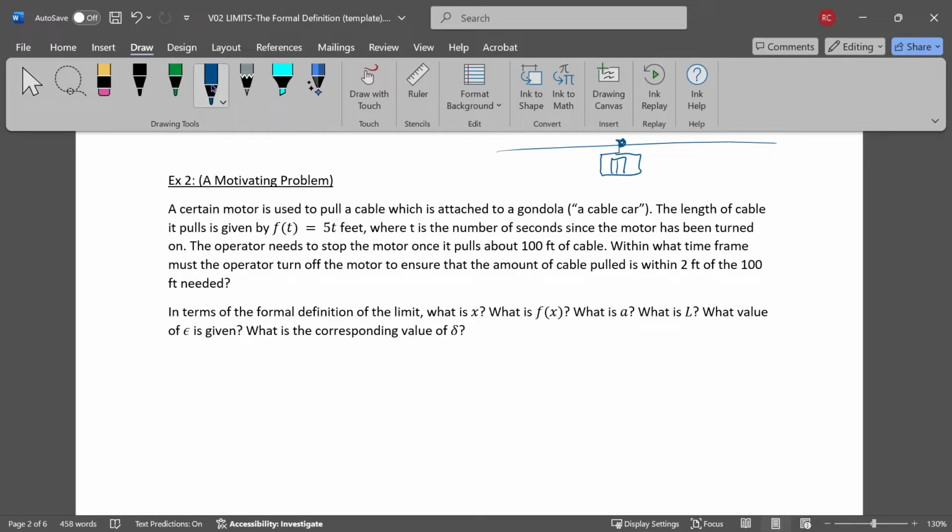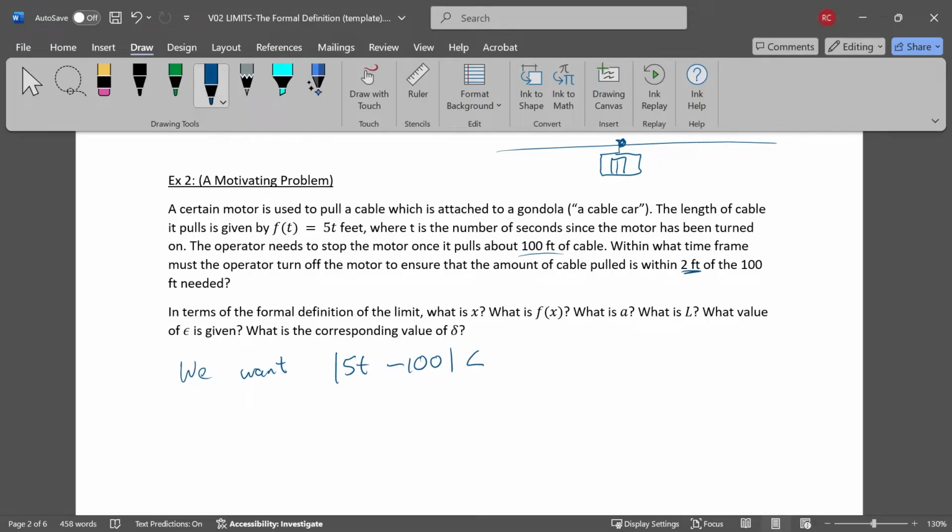Okay, so let's start with what we're given. The motor pulls the cable at 5 feet per second, and we want, ideally, to pull a total of 100 feet of cable. So we want the absolute value of 5t minus 100 to be less than an error of 2 feet.